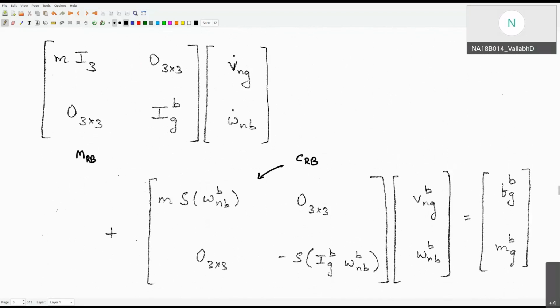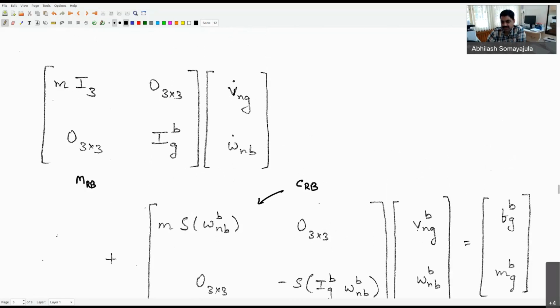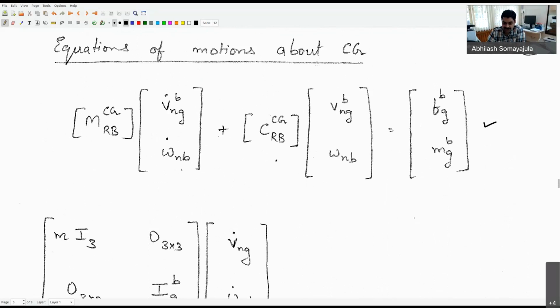All right. Now, although this is convenient in the center of gravity's frame, so here notice that all the quantities are expressed about the center of gravity. We are looking at what are the forces acting at the center of gravity. We are looking at what are the velocities of the center of gravity, but it's not always clear that we want to express this in this form because the center of gravity may change.